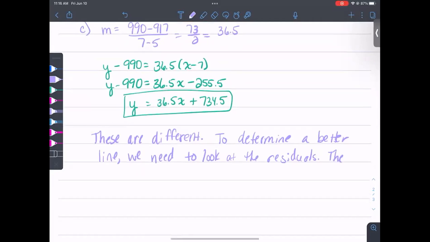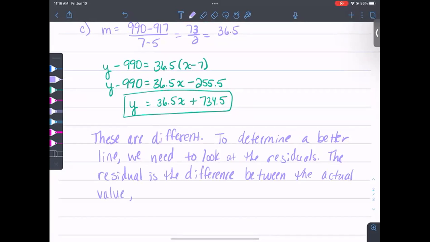The residual is the difference between the actual values, which we will label as y, and the predicted values, which we will call y with a little up arrow above it.